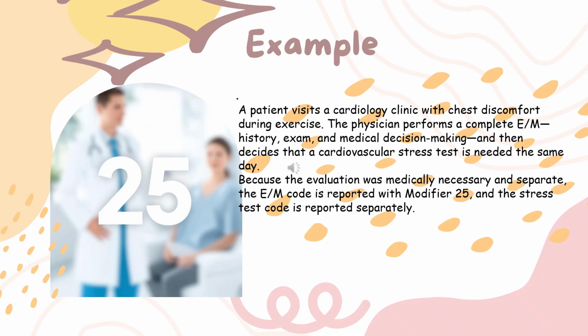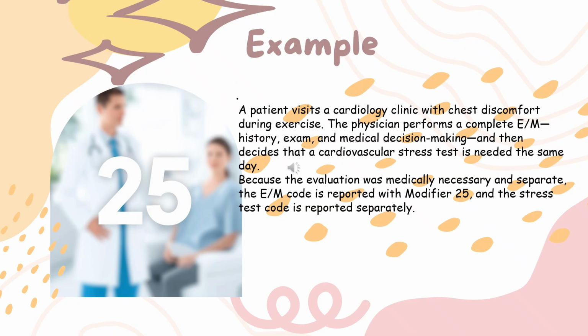A patient comes to a cardiology clinic with chest discomfort during exercise. The cardiologist performs a complete E&M, including history, exam, and medical decision making, and then decides that a cardiovascular stress test is needed that same day.